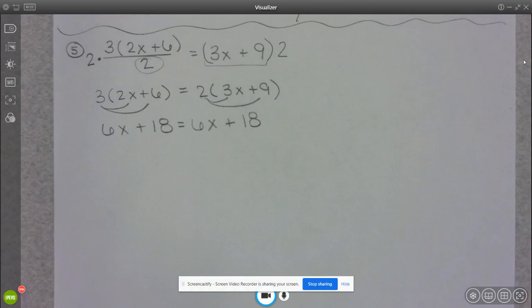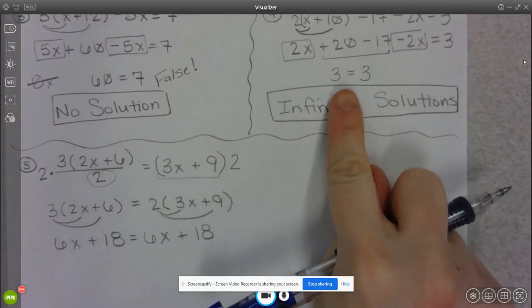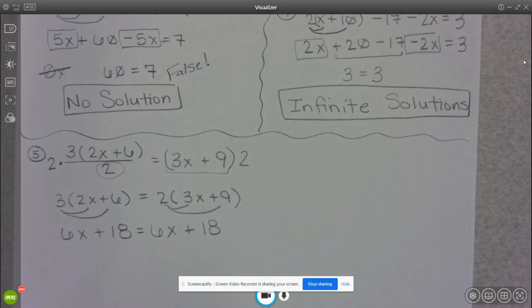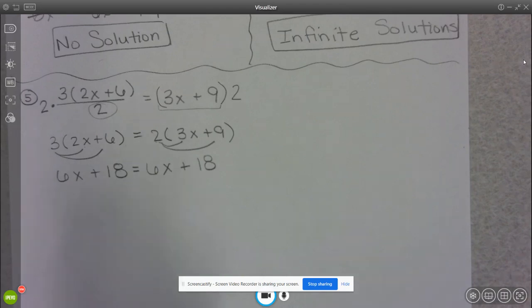And now I have a point where my expressions on both sides of my equation are absolutely identical. This is the same scenario here. If everything on the left is exactly the same as everything on the right of my equal sign, it's infinite solutions.